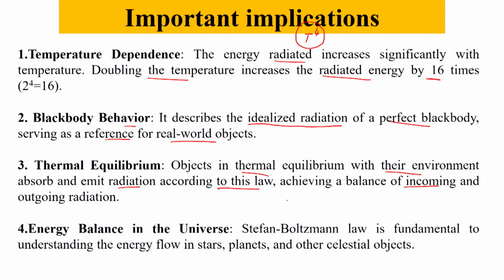We will see the equation for the energy balance between the earth and the sun. You can also extend this to the energy balance in the universe, not our topic, but the Stefan-Boltzmann law is fundamental to understanding the energy flow in stars, planets and other celestial bodies.